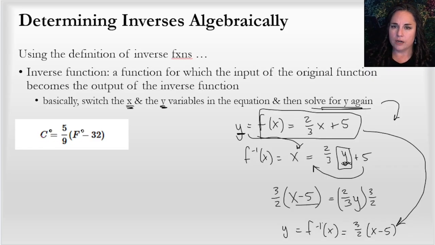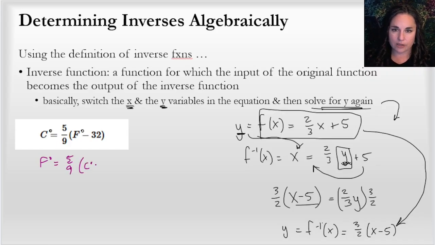If I let degrees Celsius be a function of degrees Fahrenheit, and I know what Fahrenheit I have, I would be able to find Celsius with this equation. However, it may be that I'm given Celsius and I want to know what Fahrenheit is. And so I can't just switch Celsius and Fahrenheit, because this is not a true equation.